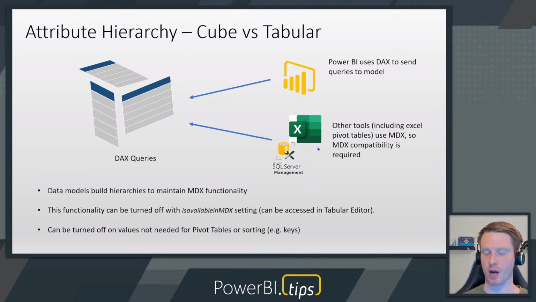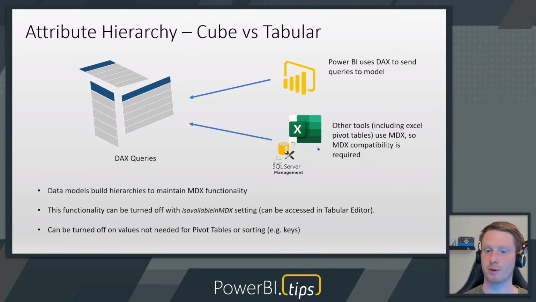Now there is an option, and we'll go through this tomorrow, where we can actually turn this off. We can say we don't want you to build this hierarchy because they can be quite large. And we'll see how to do that in Tabular Editor next session. Note though, when you do turn them off, you're not going to be able to use these columns in a pivot table in Excel, for example.